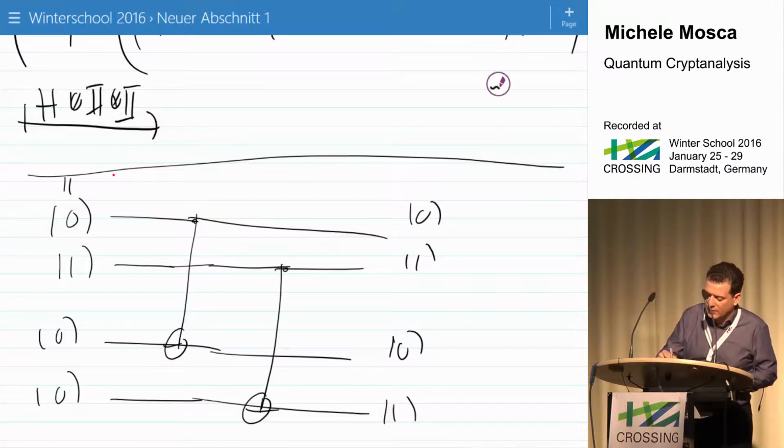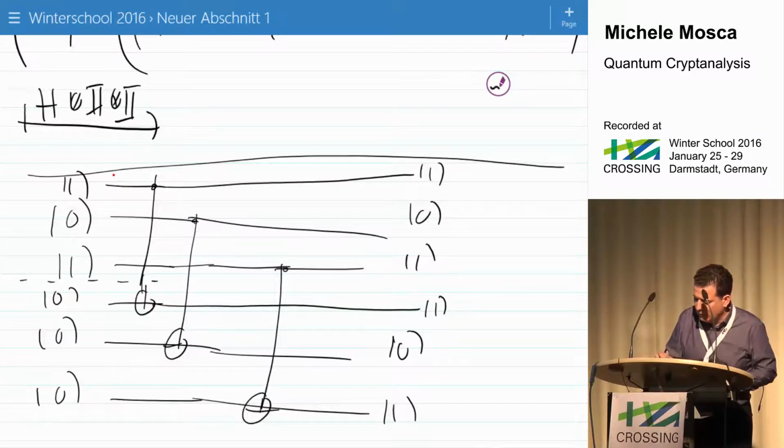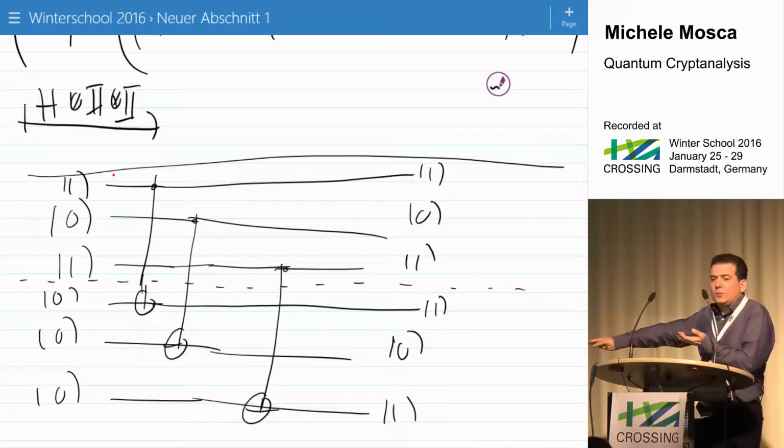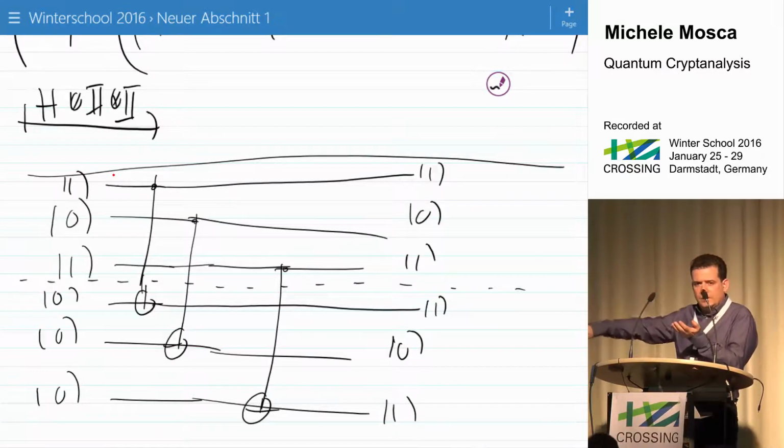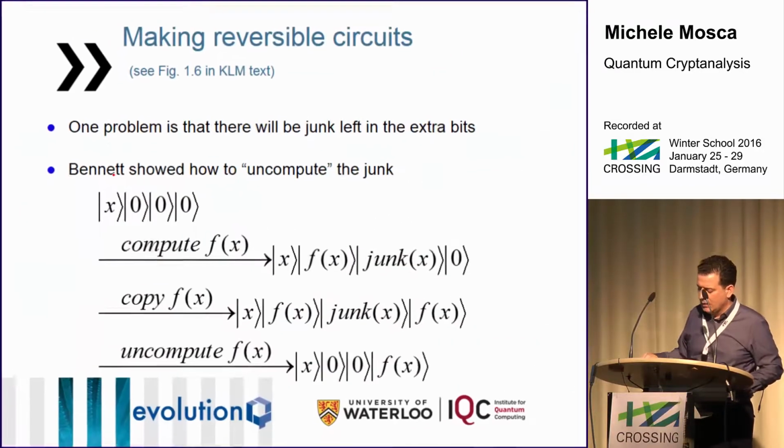There could be another bit here; it could be a 3-bit thing. You have your bits up here, and your extra workspace at the bottom where you just copy the answer. That's all we mean when we say copy f at x.